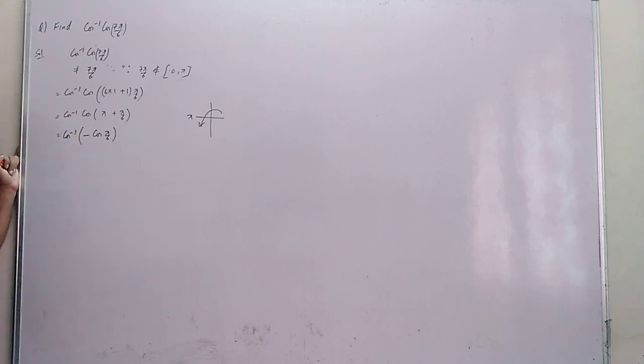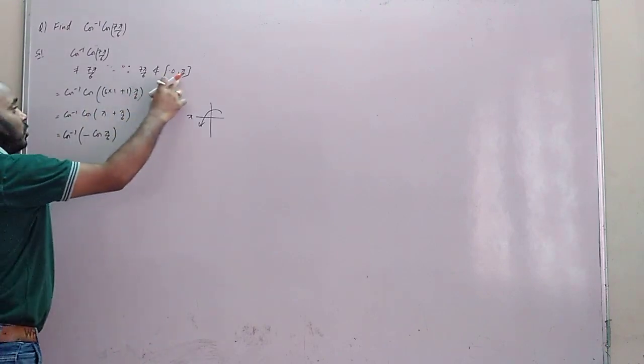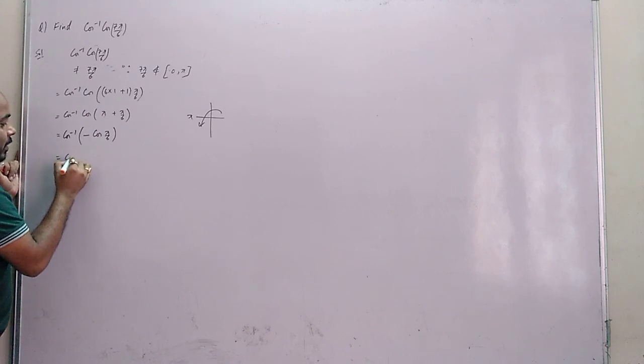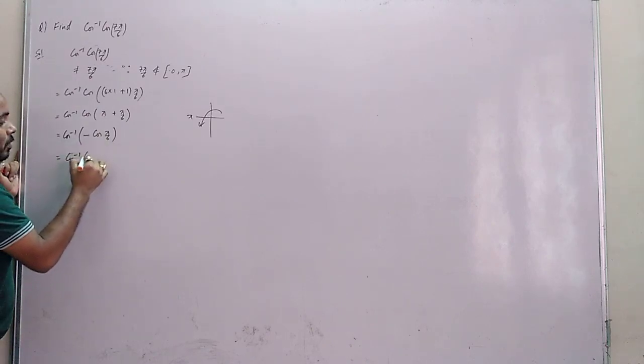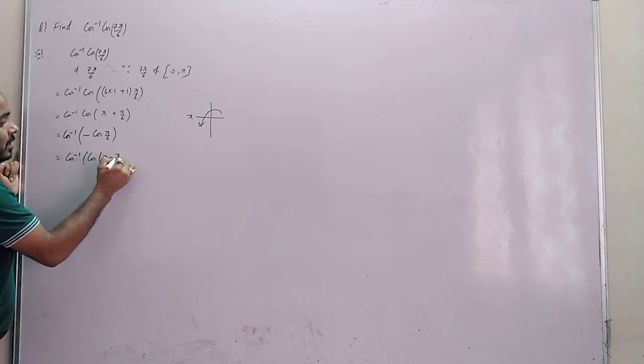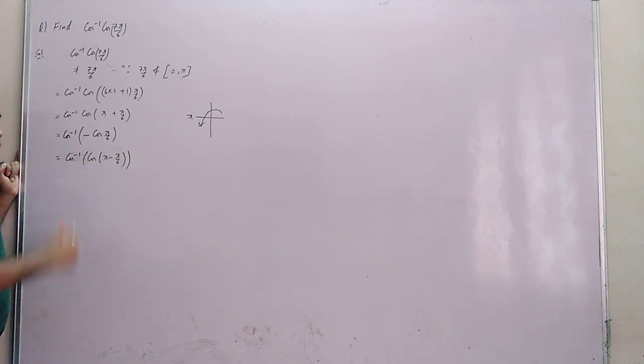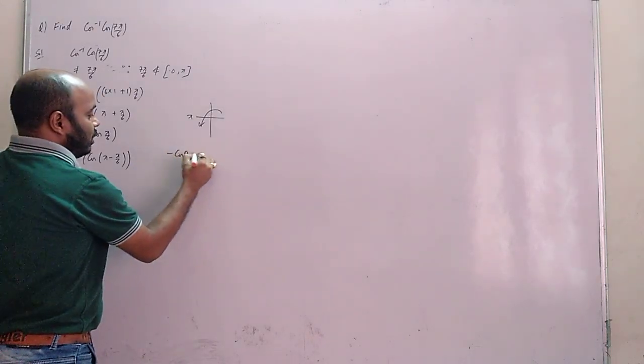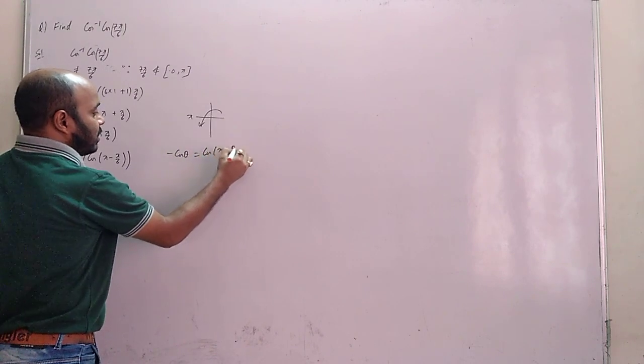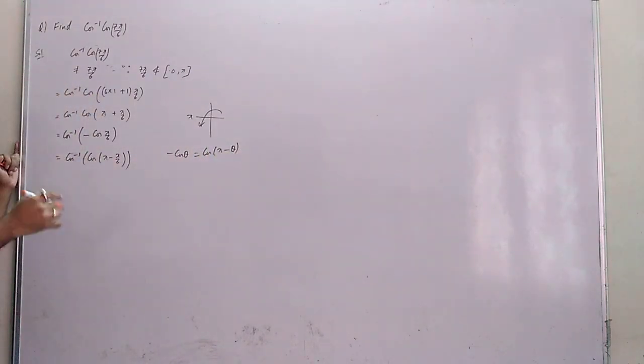How to remove? This minus is for cos inverse, and cos inverse belongs to 0 to pi. In 0 to pi, how to remove minus? We have to write minus cos theta equals cos of pi minus theta. We write it like this, right? In the last videos we studied this in exercise 1. Minus cos theta, in these things we have to use pi minus theta. So we are using the same exercise concept here.